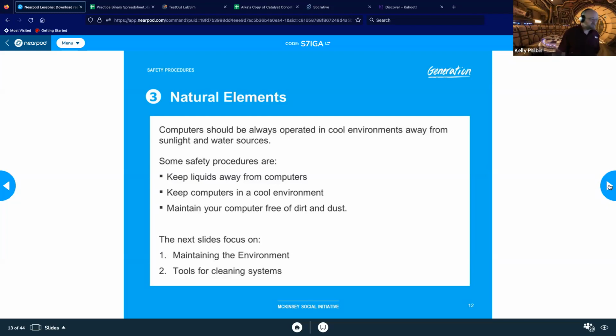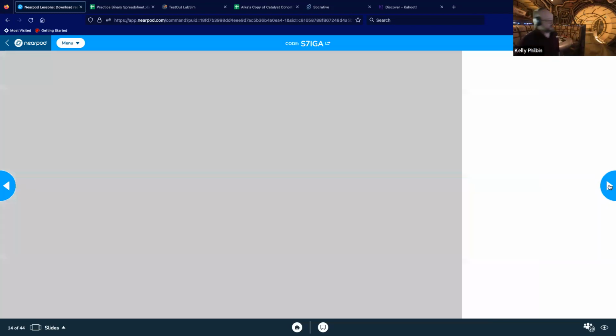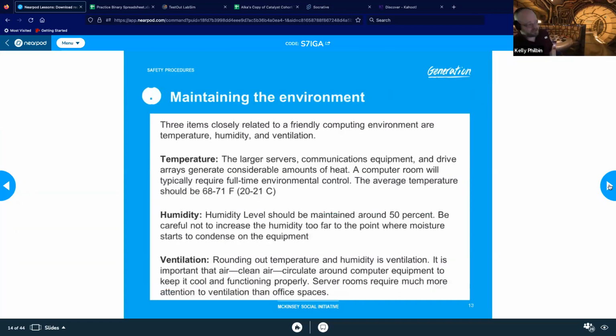So our next few slides are going to be talking about maintaining them, and then some tools that we would need to clean. So temperature, as we just talked about, I would say mid to low 60s. It says 68 to 71 here, but in my experience and a lot of what I've read, it said mid to low 60s.